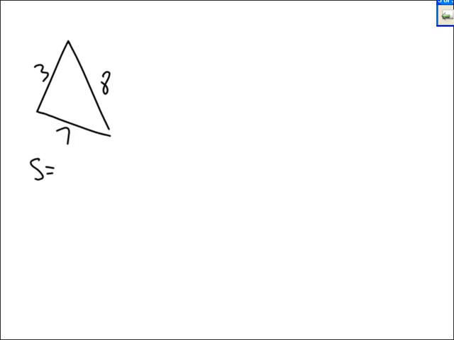Let's try another one like this. Then we go on to Brahmagupta's theorem, a Hindu mathematician. 3, 7, and 8. You have a triangle. The three sides are 3, 7, and 8. What is the area? Well, S is 7 plus 3, which is 10, plus 8 is 18 over 2 is 9.